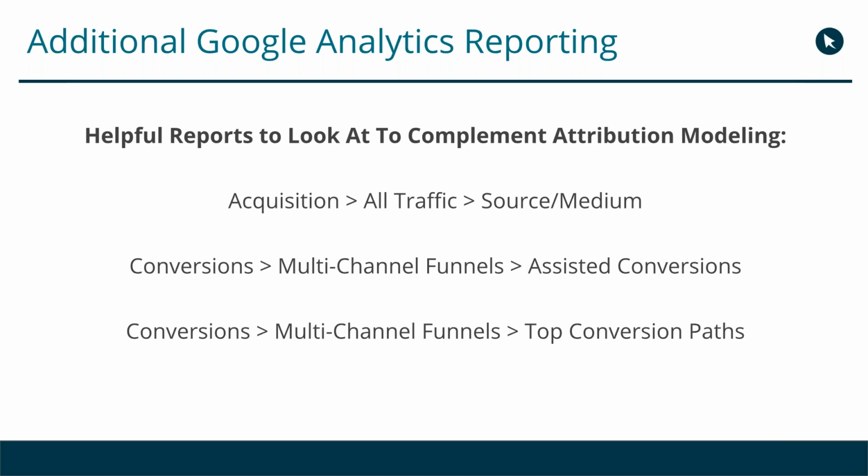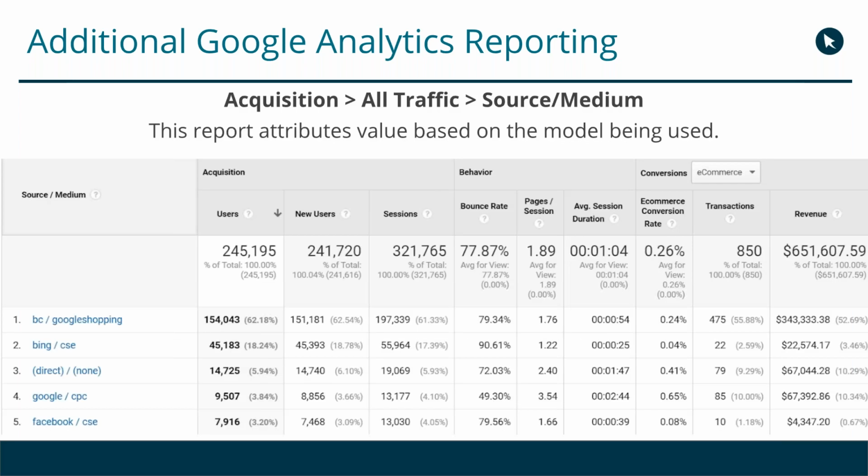Obviously, most of you are pretty familiar with this report. This is the default report that most people look at, and it just shows you all your different traffic sources, all your different source medium. The second one is the multi-channel funnels report, which shows assisted conversions. And then the last one, we're going to talk about multi-channel funnels and top conversion paths.